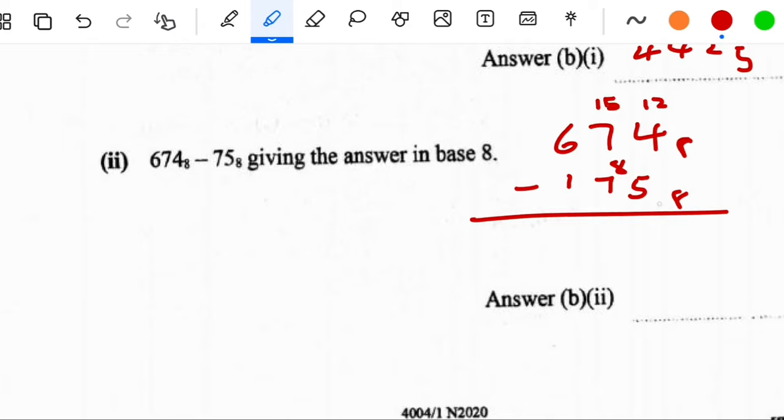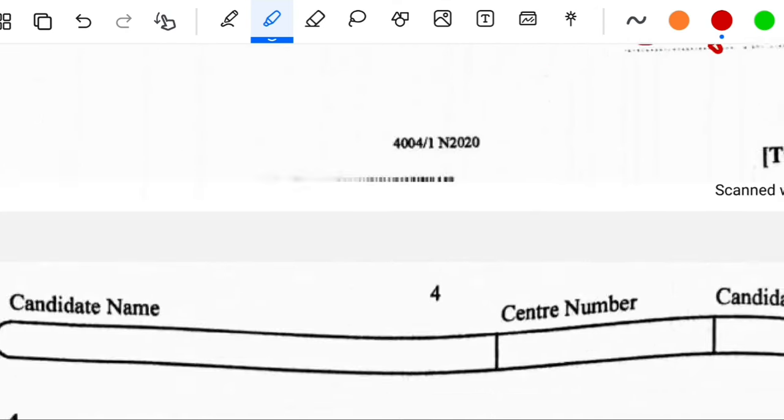Then here I'll give 1. So now subtracting, I've got 12 minus 5, which is 7. 15 minus 8 is going to give me 7. Then 6 minus 1 is going to give me 5. So this is our answer in base 8, 577 base 8.